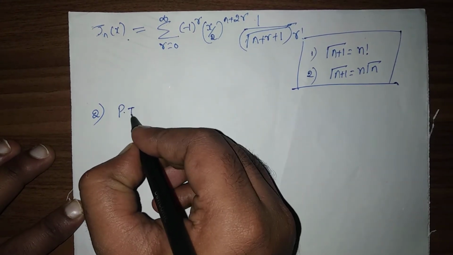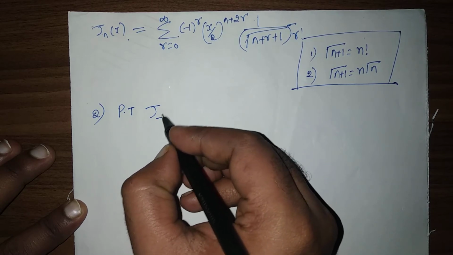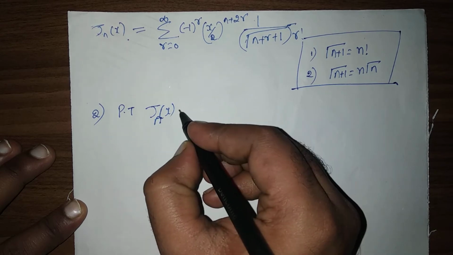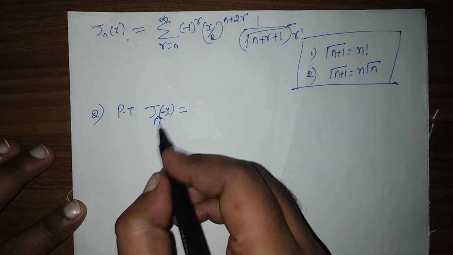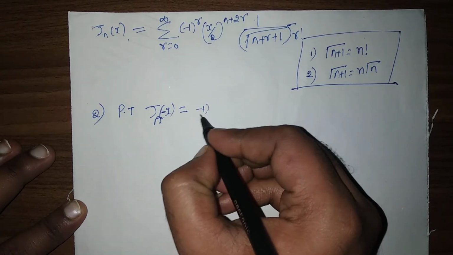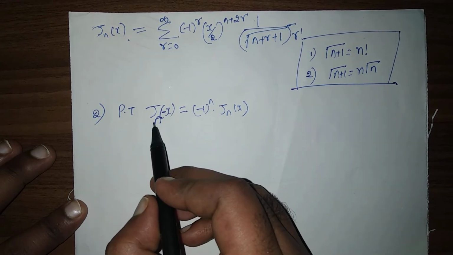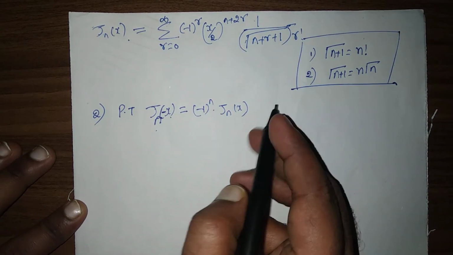Prove that Jn of minus x is equal to minus 1 whole to the power of n into Jn of x. So we have to show that Jn of minus x is minus 1 whole to the power of n into Jn of x.